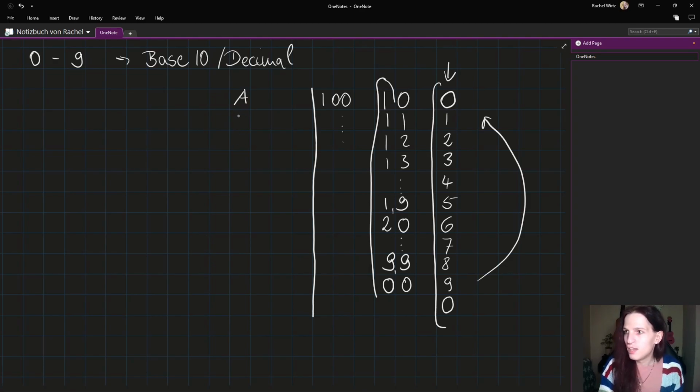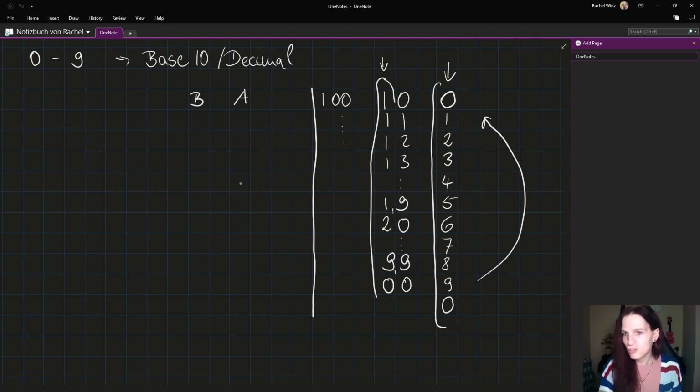And let's assume now we want to go over 10, as we do in everyday life. When we go over 10, we introduce a second sequence. So let's introduce a byte B. And let's say I want to describe a value of 10.